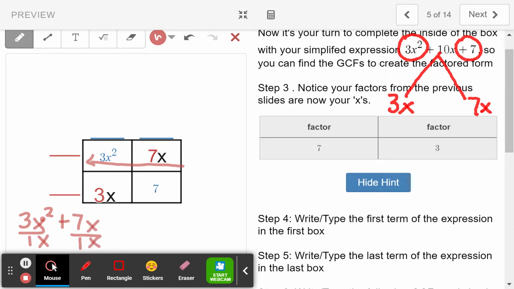So we don't write that 1x. All you need to do is write an x. We don't need to write that 1. And then we're going to do the same thing for the bottom row. We have the 3x and the positive 7. Once again, if you use slide 3, the GCF of 3 and 7 is a 1. Notice that there's no x this time. It's because the 7 does not have an x.